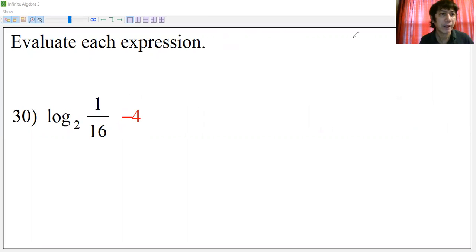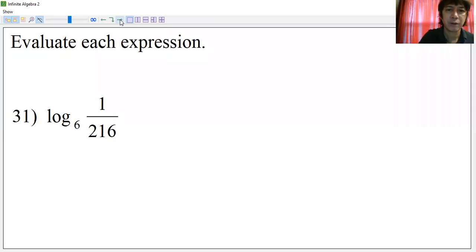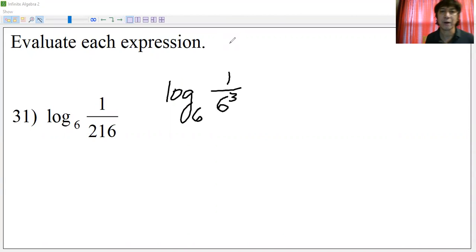We clear the board and we shall continue with it. We're doing number 31 now. Here is powers of 6. 216 is 6 to the 3rd. So we can express this as logarithm to the base 6, 1 over 6 to the 3. 6 times 6 times 6, that's 216.